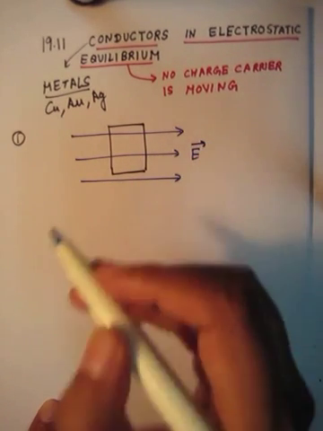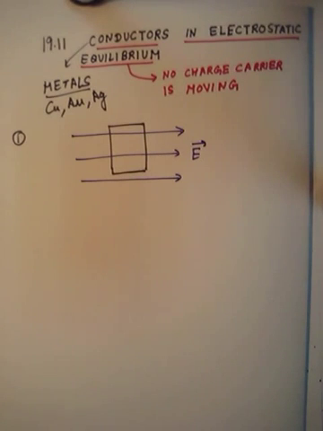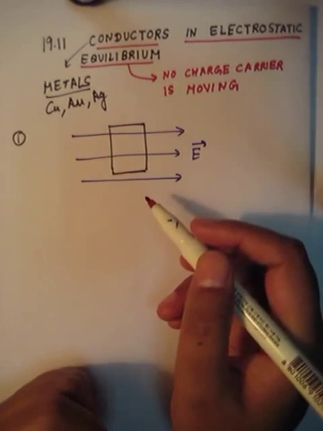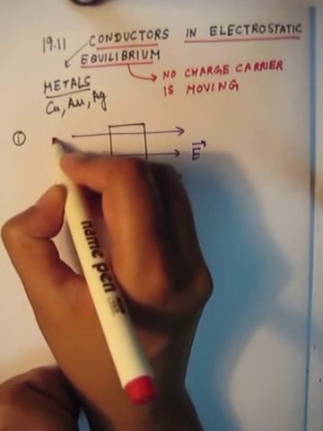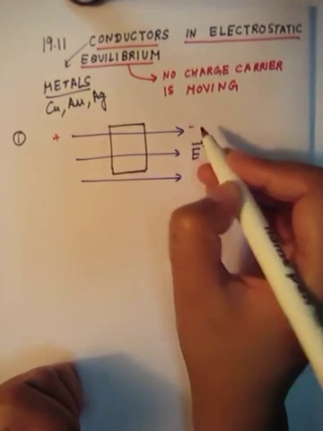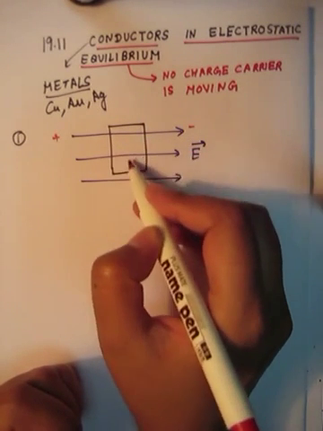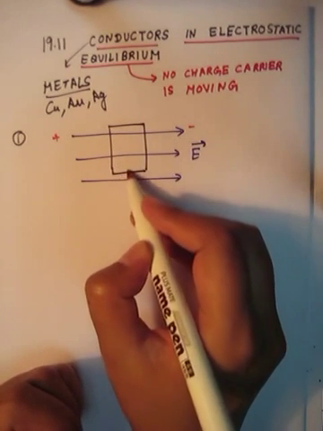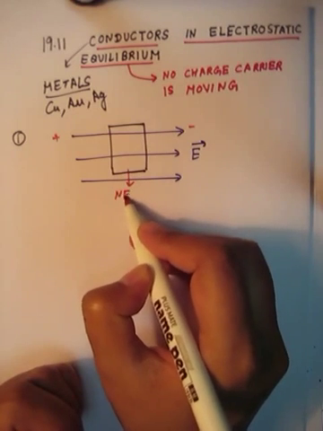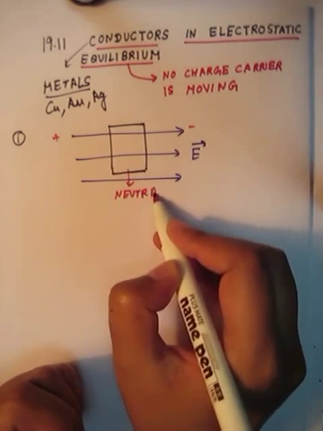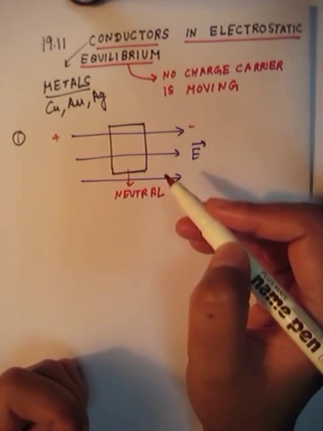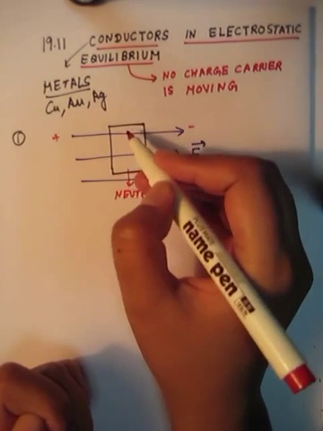Because the electric field is always from plus to minus, and it's a neutral conductor, initially it has an equal number of electrons and protons or ions.